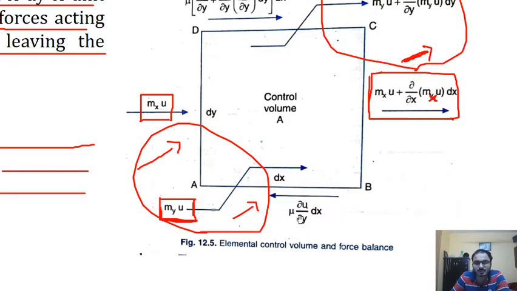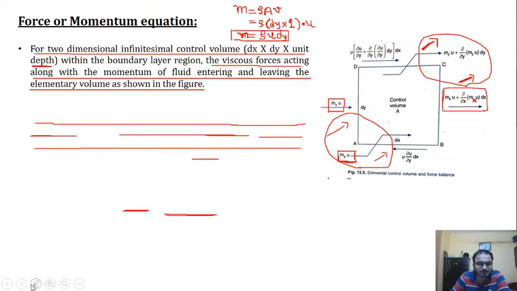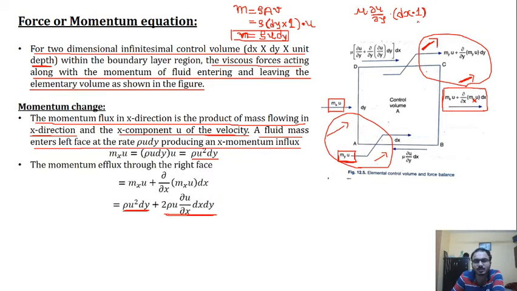So the shear stress is mu into del u over del y, and the area is actually dx into 1. That's why the same was written over there on our current slide.